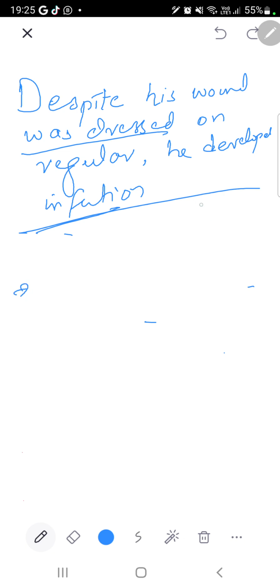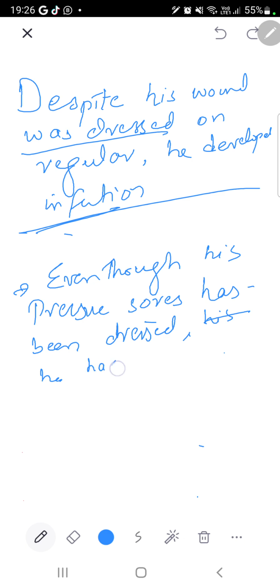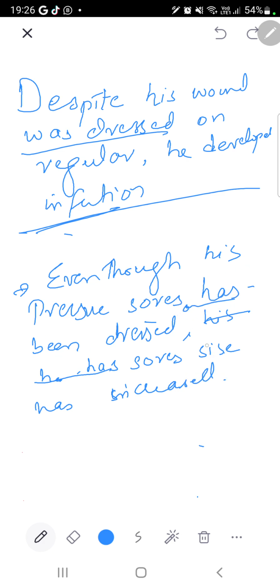Or if you're writing in the present tense, we can write even though his pressure sore has been dressed on daily basis, sore size has increased, let's say.